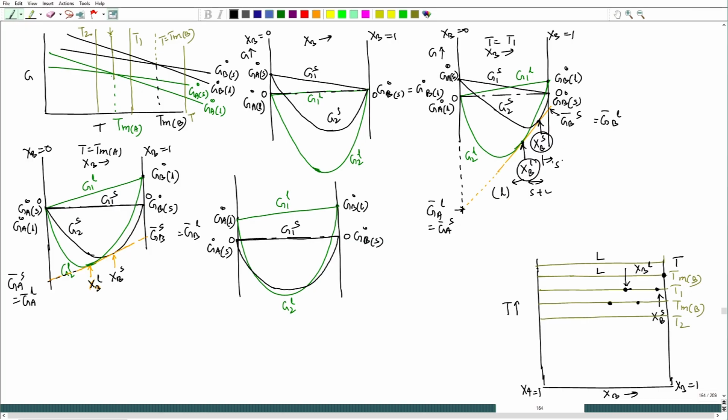Now, interesting, till T equal to T m A, we had only 2 composition points where common tangent can be drawn. Now, we have a situation where 2 common tangents can be drawn. Okay. One common tangent is going through like this. So, that gap is visible now. So, you extend it, this other one.